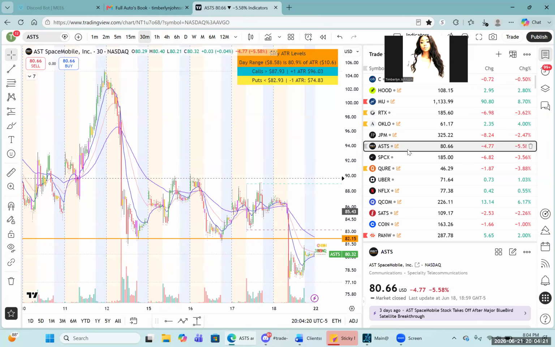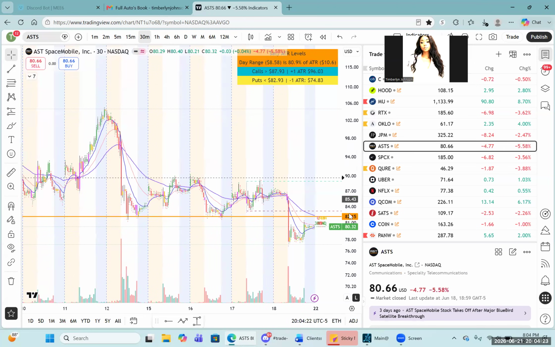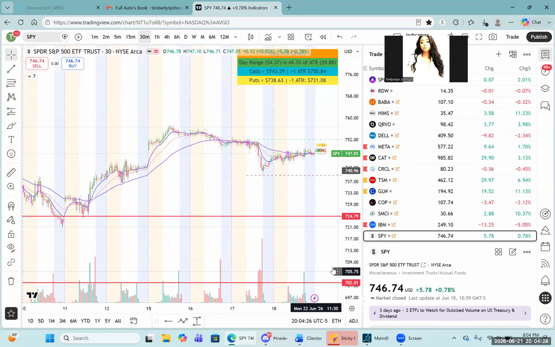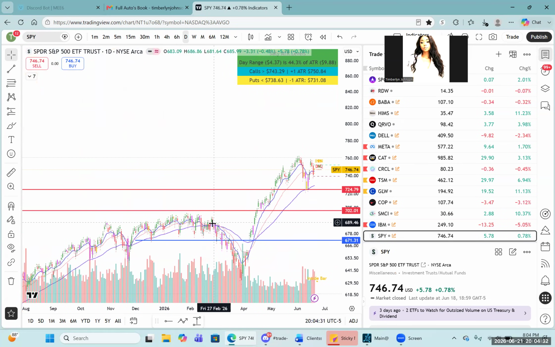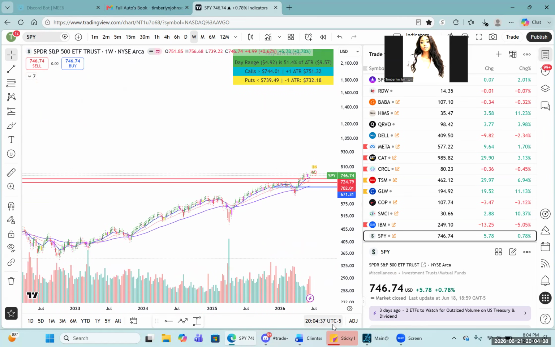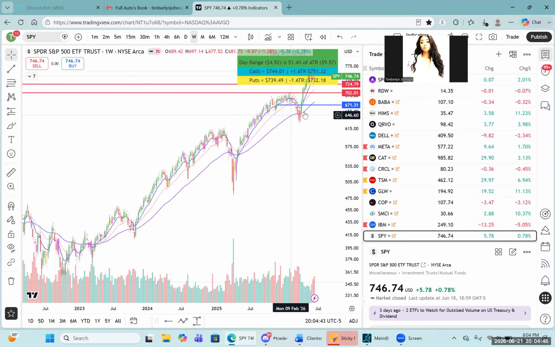So just mark your levels, and sometimes it gets to a point where you even have to remove lines. I used to trade SPY back when it was, oh my God, so low, and I still have my lines here. I used to have lines when it was as low as like $300, but I removed them because I don't like my chart being too cluttered. But yeah, price has memory.